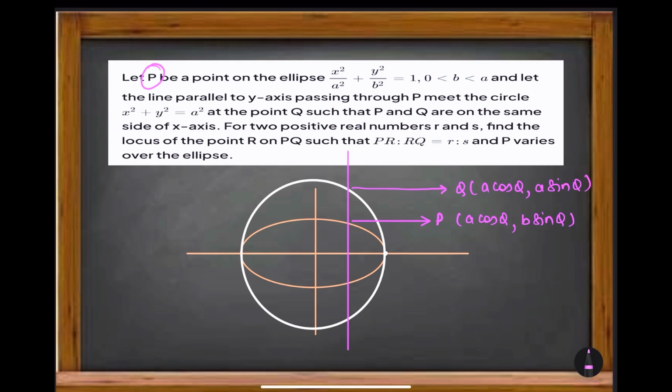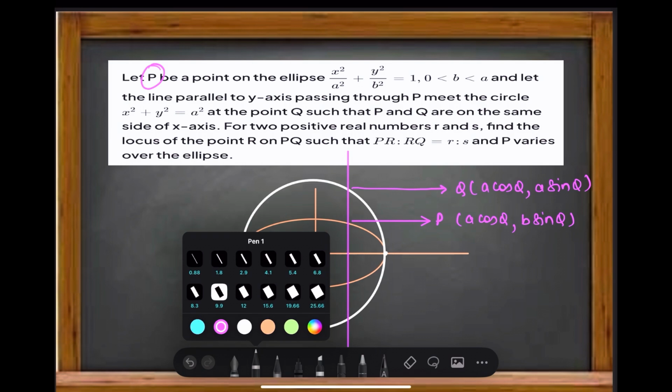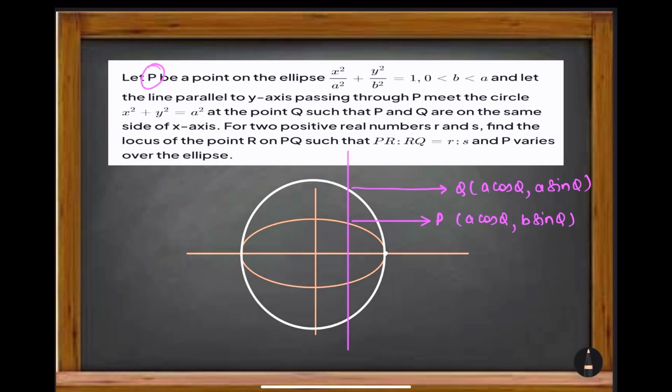Now for two positive real numbers r and s, find the locus of point R on PQ such that PR:RQ is r:s. Okay, so over there we have point R as well.